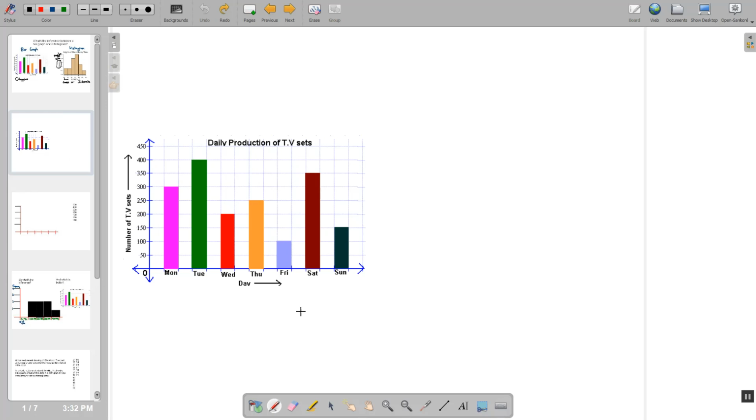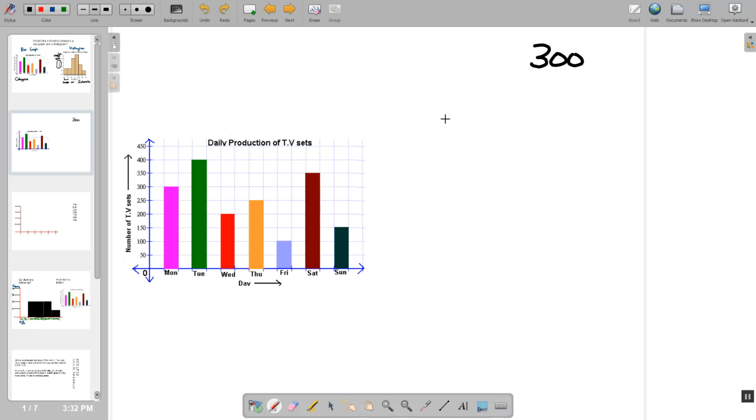So what we have here is a bar graph, and we want to turn this into a histogram. The first thing we have to do is write out the data of the number of TV sets for each day. To make it easier on ourselves, we're going to write them out first, just regular.